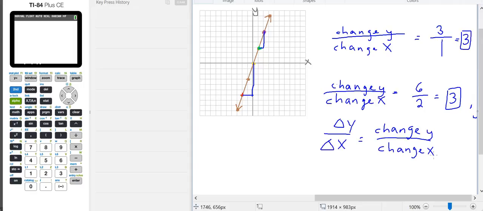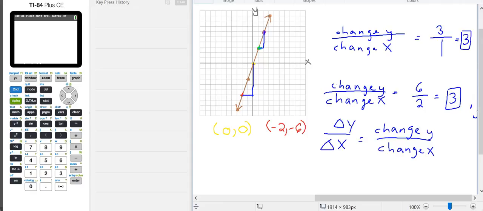Let's say we take 2 points from this line. Let's take the yellow point, which is 0, 0. And we'll take the red point, which is -2, -6. And let's see, without looking at the graph, if we could get the same slope of 3.